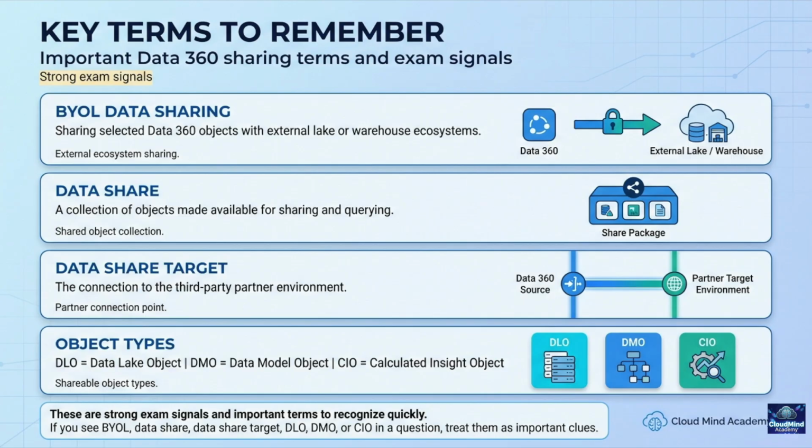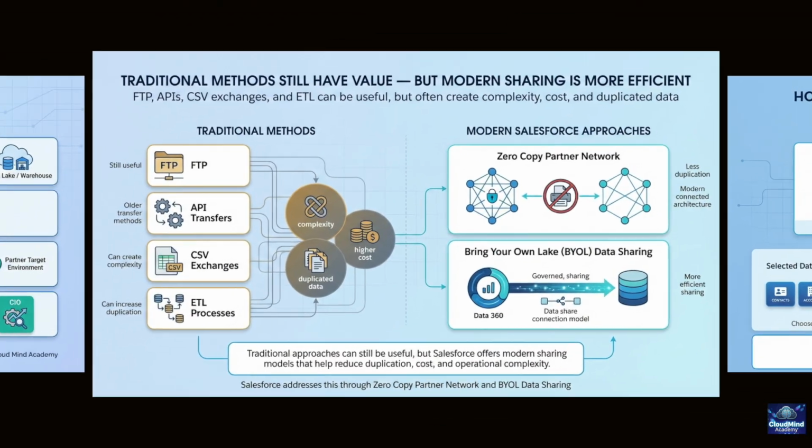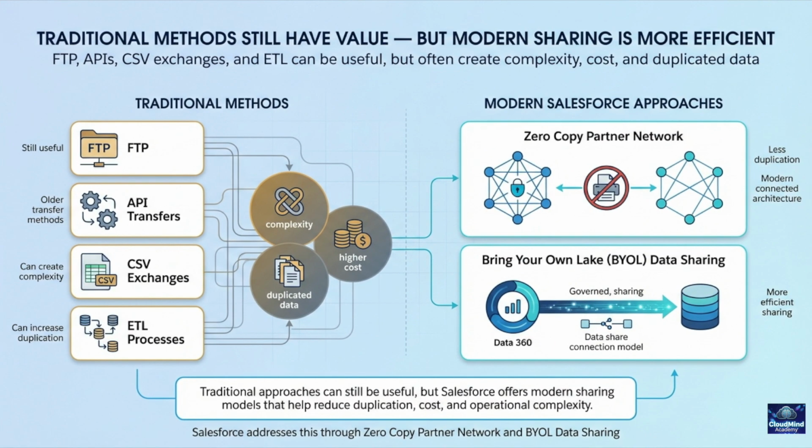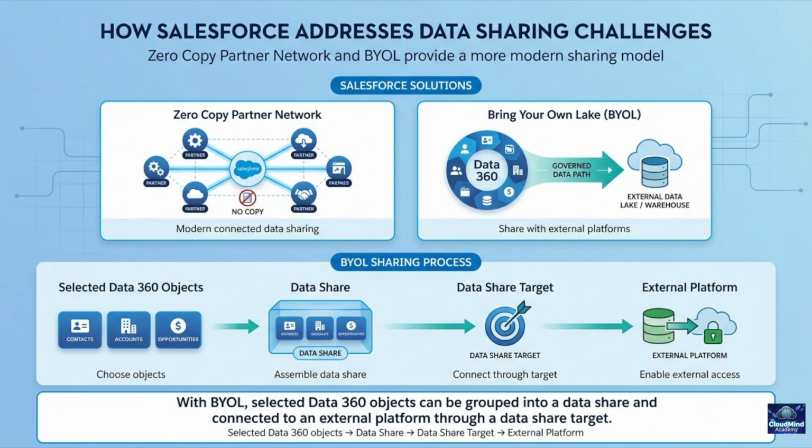So, to bring it all together, traditional methods like FTP, API-based transfers, CSV exchanges, and ETL processes can still be useful, but they often create complexity, cost, and duplicated data. Salesforce helps address these challenges through the zero-copy partner network and bring your own lake data sharing.